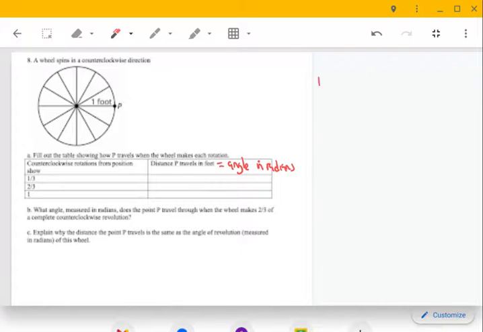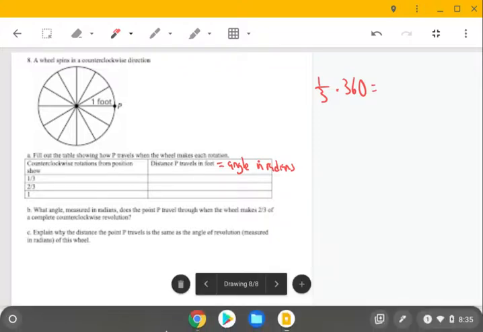So 1/3 of a full rotation, so that would be 1/3 of 360 degrees. I'm just going to use the calculator on my phone to do that. So 1/3 times 360 is 120 degrees.